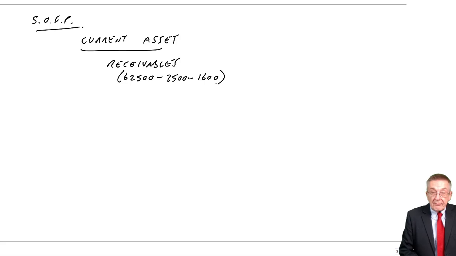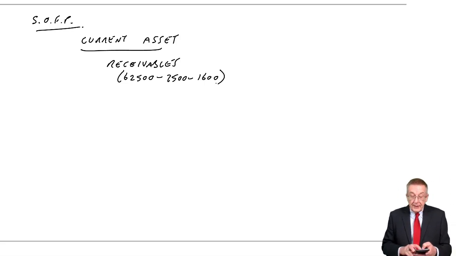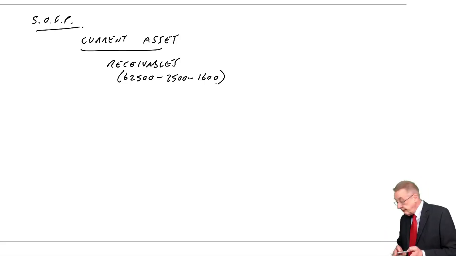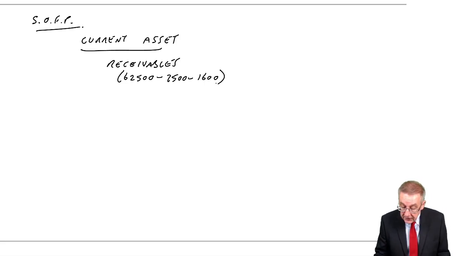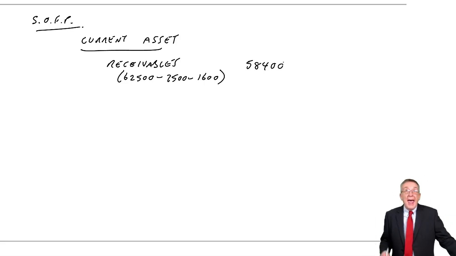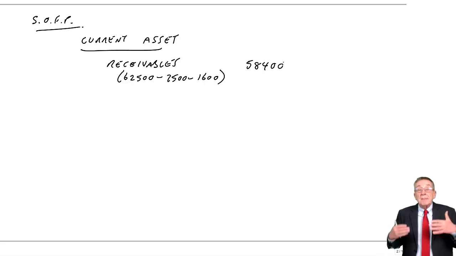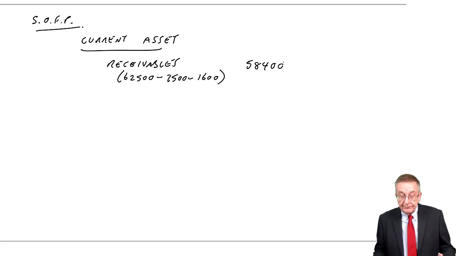And so, if we remove them, that leaves us as being owed 62,500 minus 2,500 minus 1,600. It leaves us as being owed 58,400. So easy enough. Any irrecoverable debts, we forget they exist. We remove them completely.